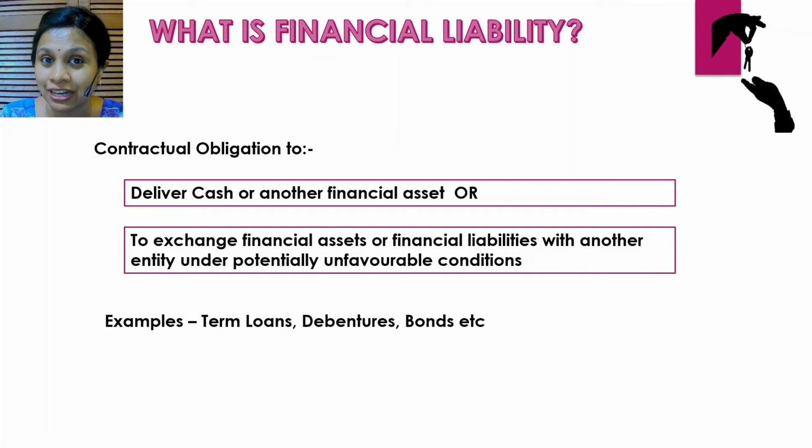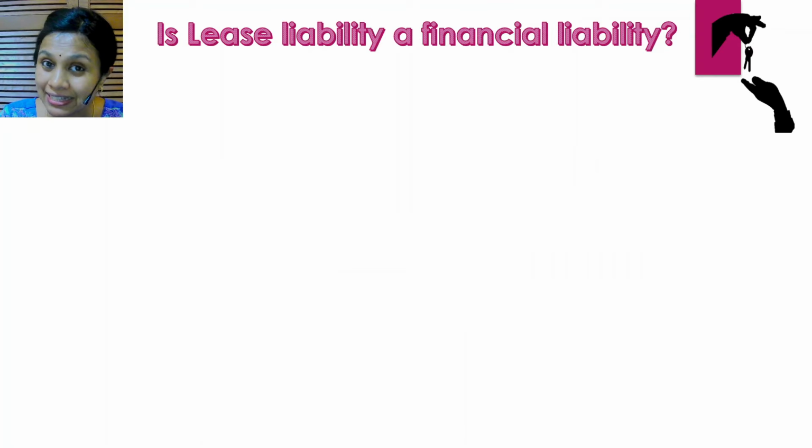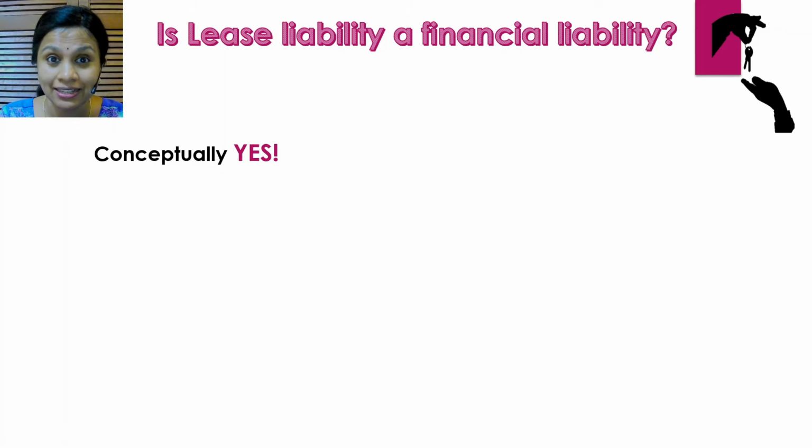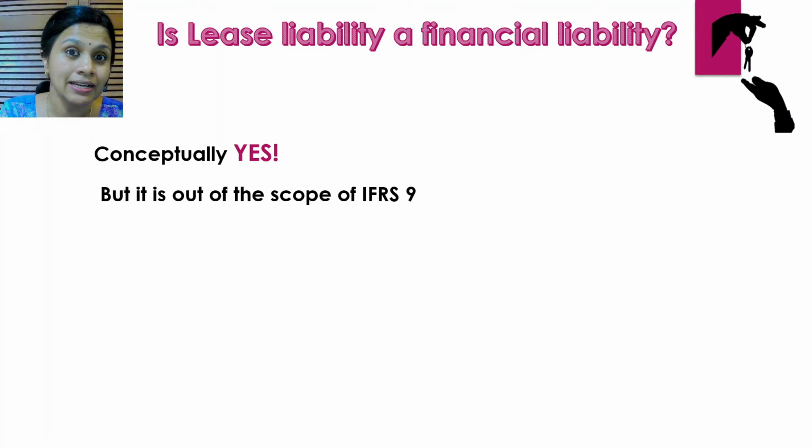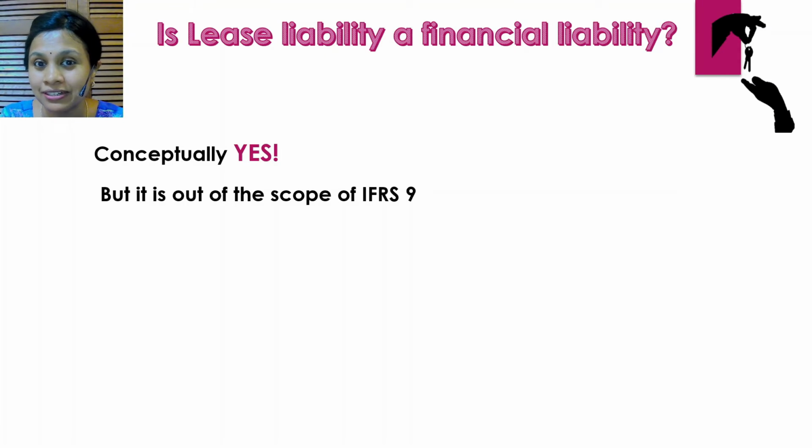The next question naturally is, is a lease liability a financial liability? Now, conceptually, yes, because a lease liability is an obligation to deliver cash to the lessor. But IFRS 9 has clearly excluded a lease liability from its scope. So why are we even linking up these two standards?